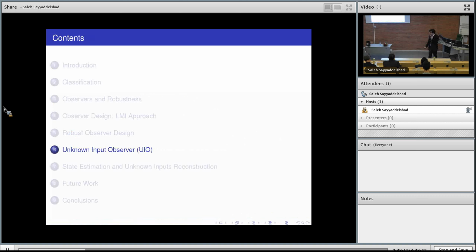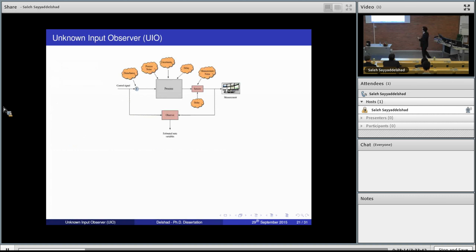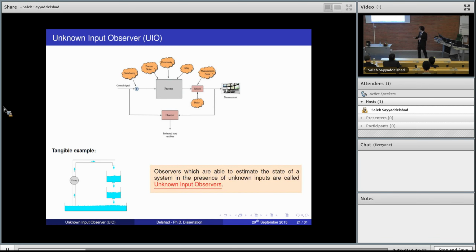Let's move on. From another perspective, it would be very nice for your observer to be robust against unknown inputs. So again, we will take a look at this example, the double tank process. Think about that.